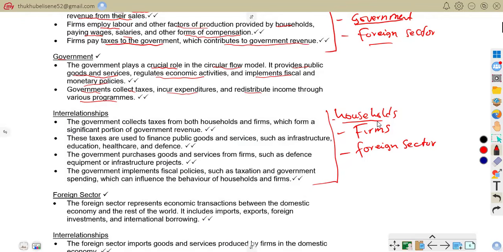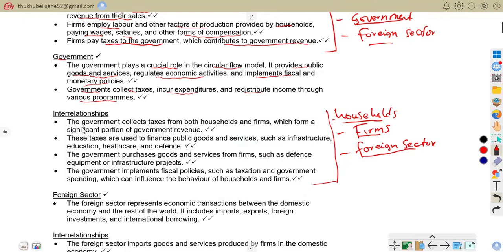But to firms, the government is still going to collect tax and provide subsidies, as well as the regulation. To the foreign sector, the government engages in international trade agreements or aid. So that's how it interrelates with households as well as firms and the foreign sector.